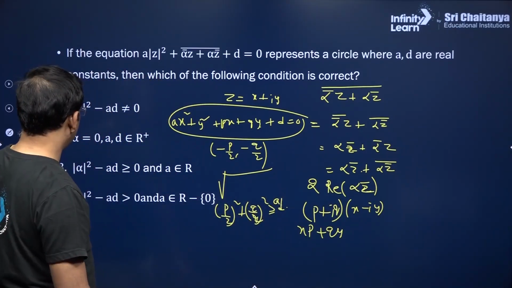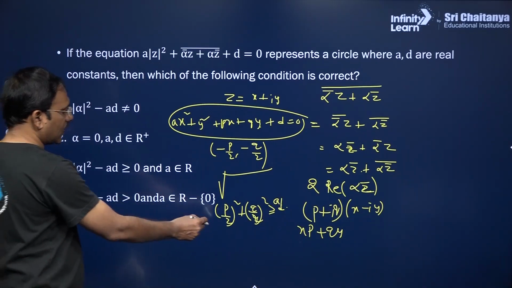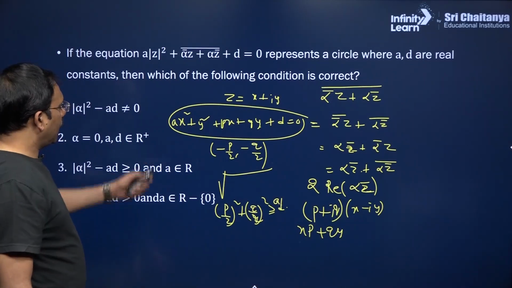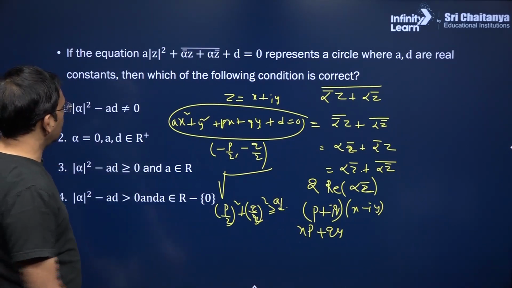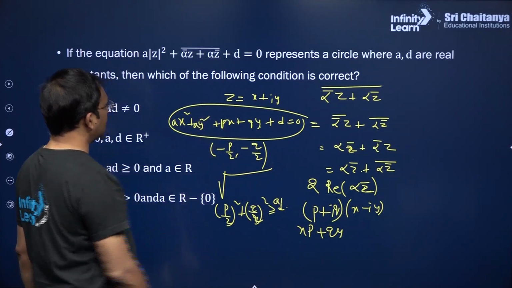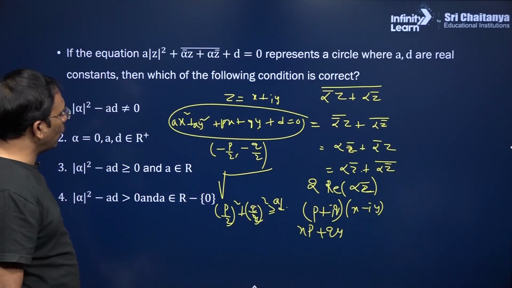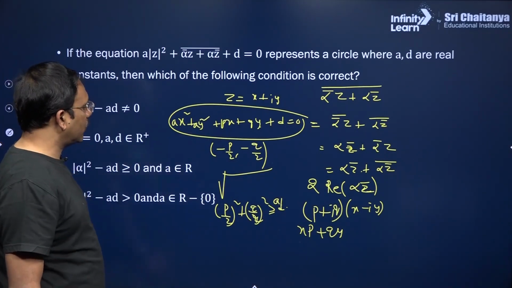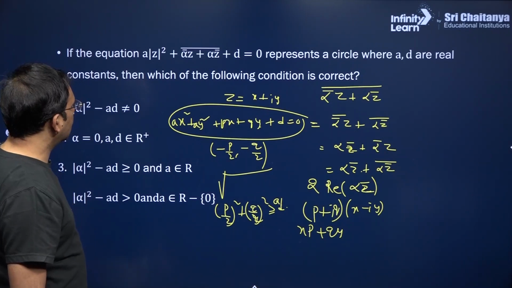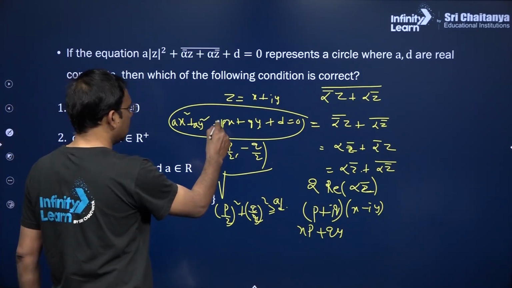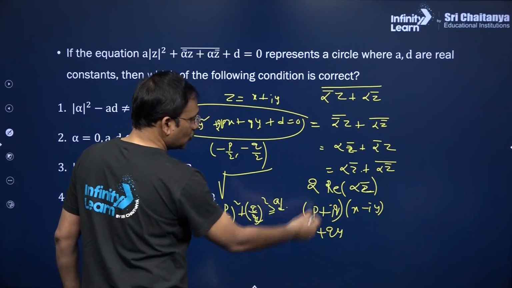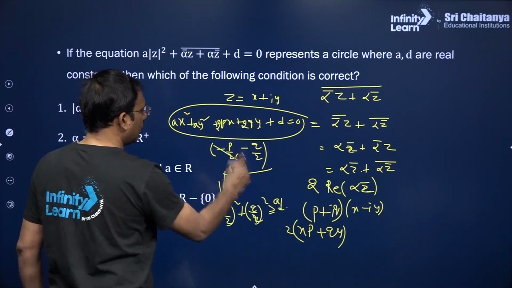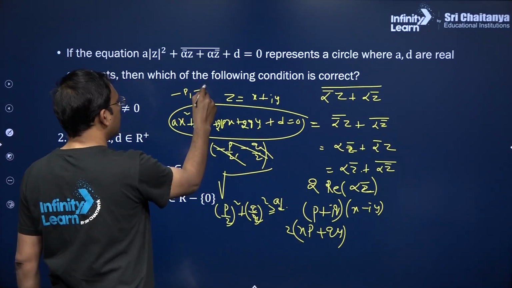So I can say that here we have ax square plus ay square plus px plus qy plus d, and this is going to be 2 real part of this. 2 is already there, friends. This is px, 2 real part of this, real part is this into 2. So 2px plus 2qy. So the center is going to be minus p, minus q.